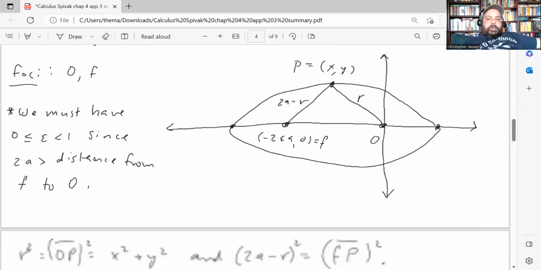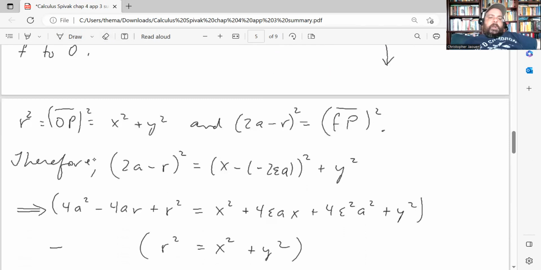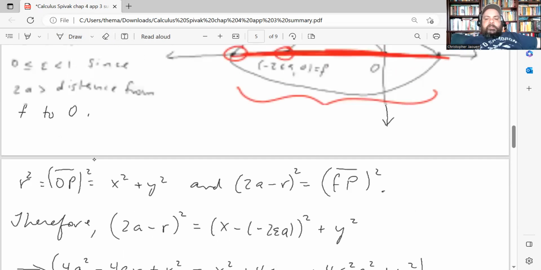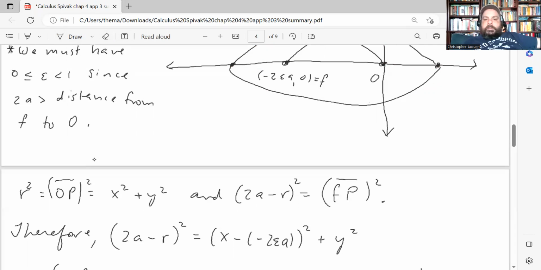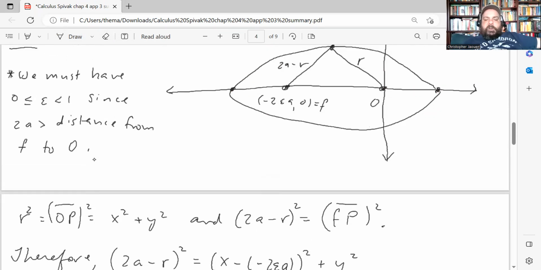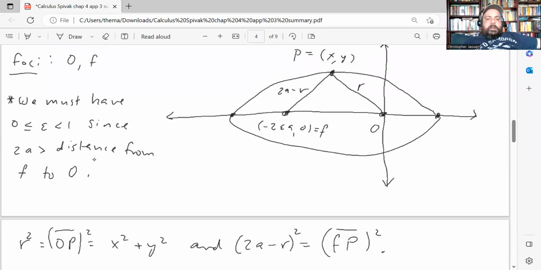So just continuing down here. r squared, just by definition, is x squared plus y squared, and also (2a minus r) squared, just by definition. If you look at the picture, (2a minus r) squared is the distance from the focus F to the point P squared.